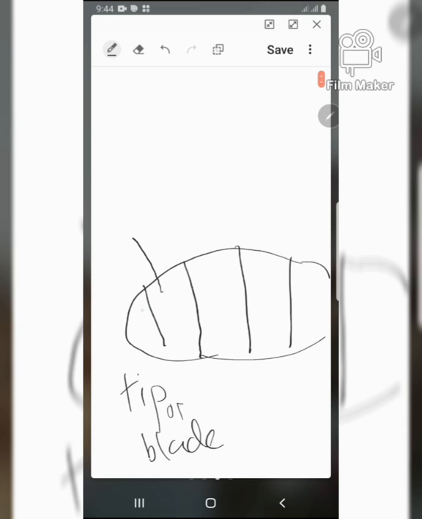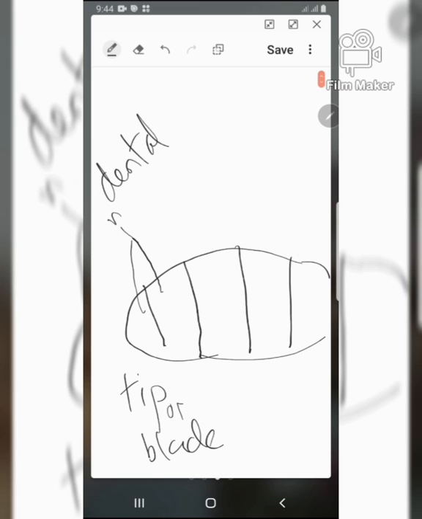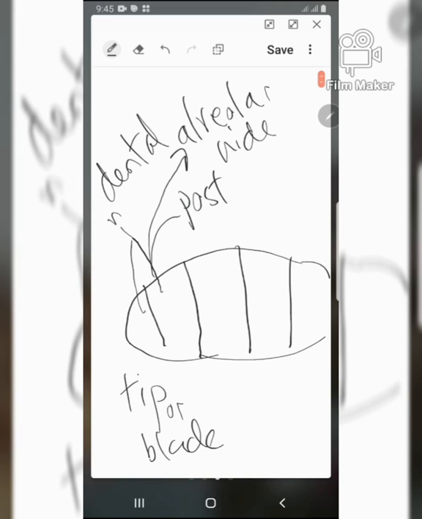Blade of the tongue goes to number one, both of them go to number one, dental, which means the upper teeth set. Number two, that ridge behind the upper teeth set is called alveolar ridge. And number three, post alveolar. So tip or blade of the tongue goes to the dental, alveolar ridge and post alveolar.